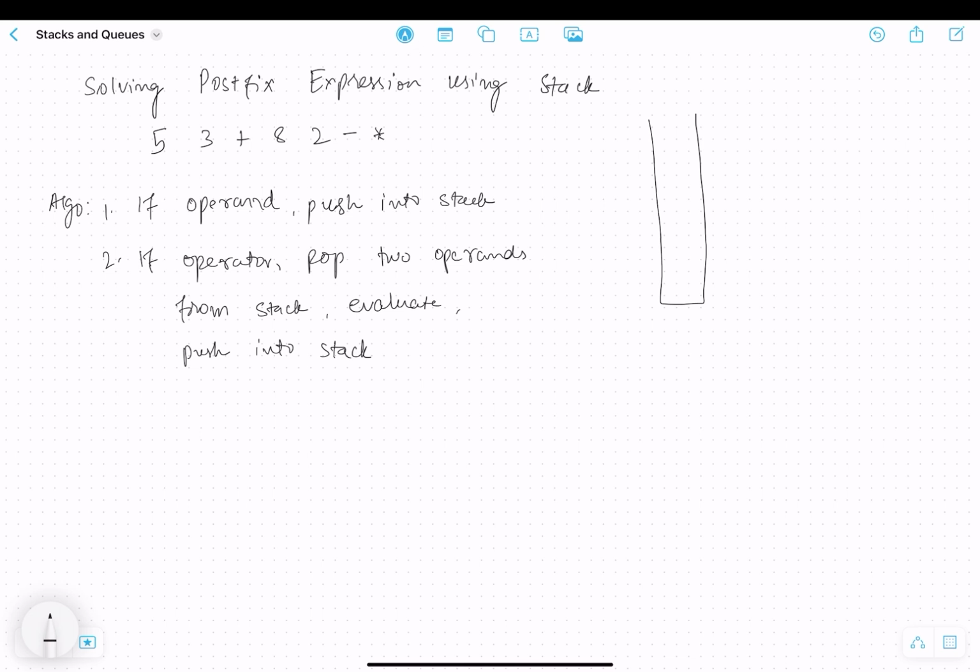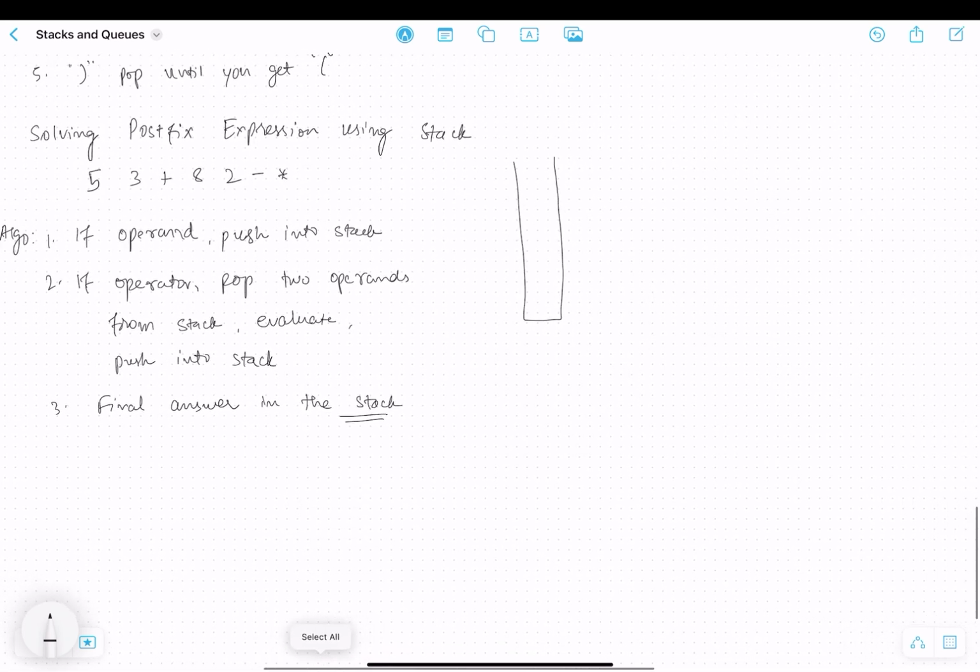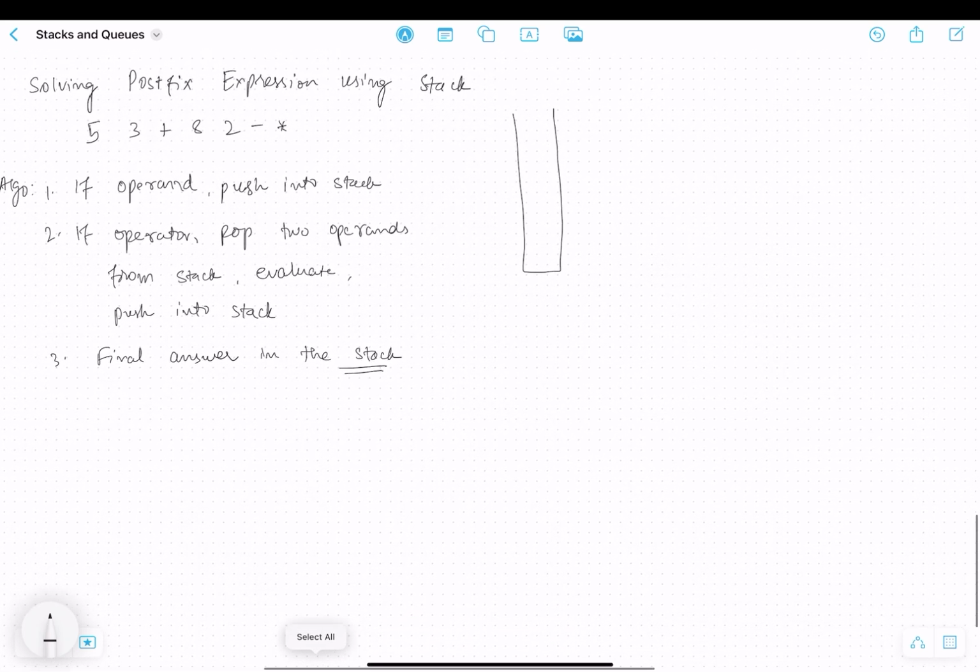That's it. At the end, you get the final answer in the stack, the only element left. And let's take the example how we can solve this.